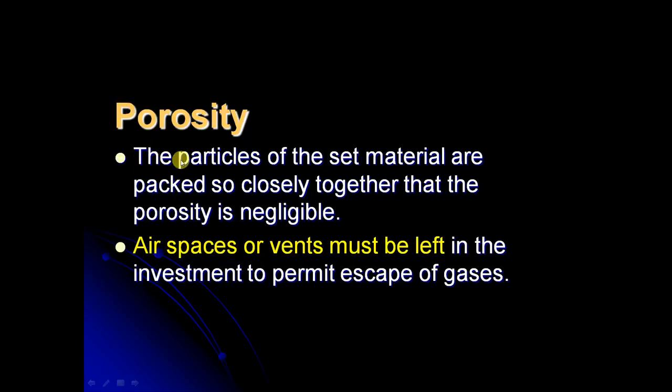Coming on to the porosity, the particles of the set material are packed so closely together that the porosity is negligible. So the air spaces or vents must be left in the investment to permit escape of the gases.